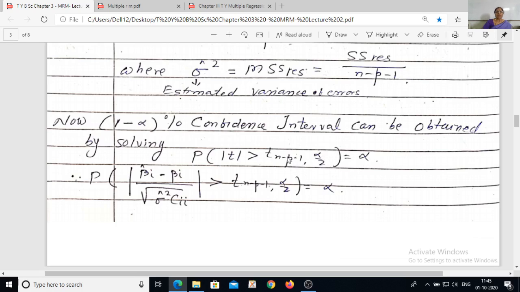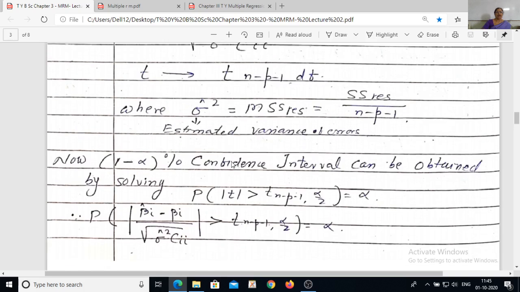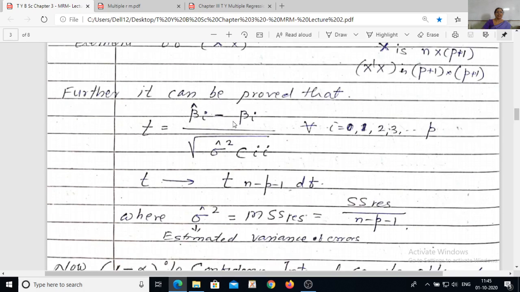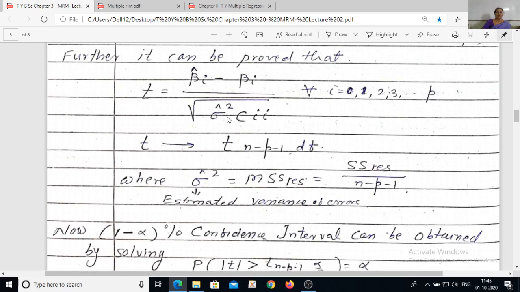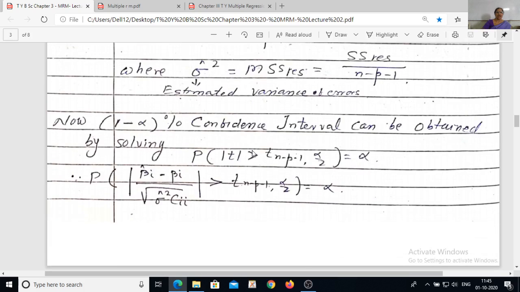This is the table value of t for n minus p minus 1 degrees of freedom at alpha level of significance. So instead of t, I will write the test statistic beta i cap minus beta i upon under root of sigma square Cii, in modulus sign.